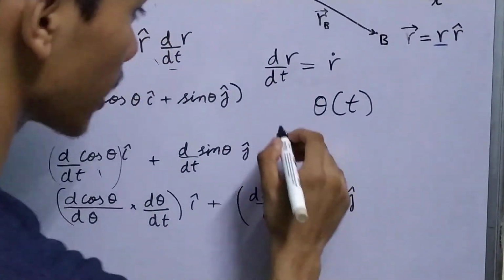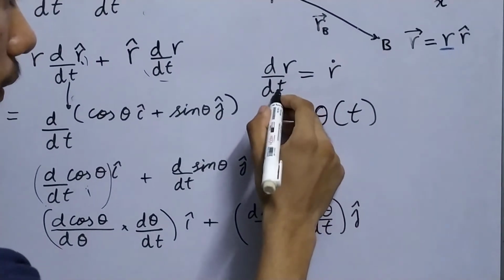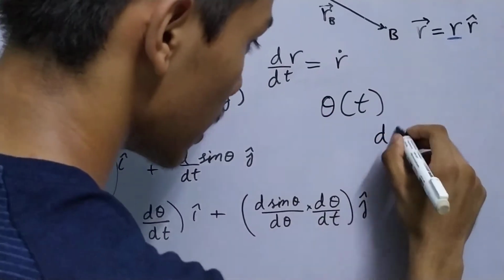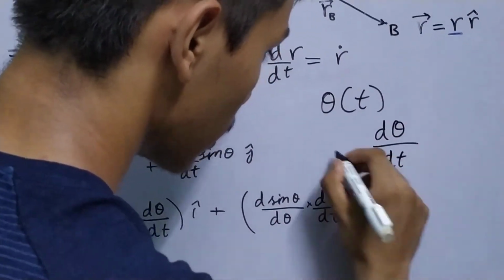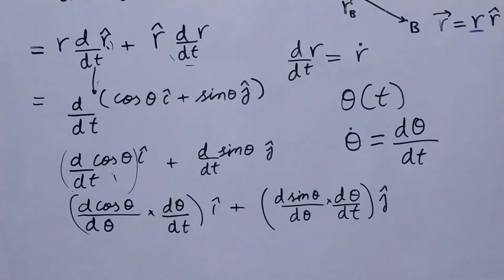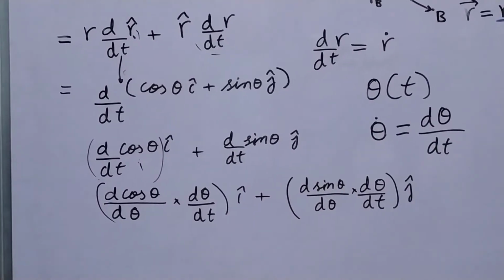And again, just like we changed our notation from dr by dt to r dot, we'll be using theta dot instead of d theta by dt. It's just a change of notation.